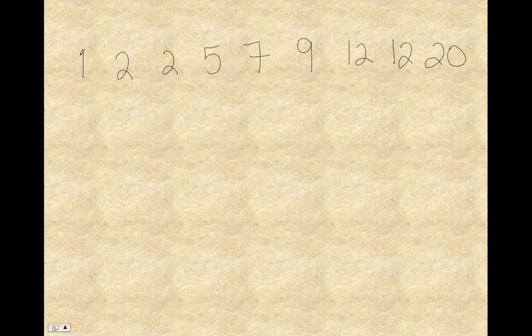So right now I have 1, 2, 3, 4, 5, 6, 7, 8, 9 observations. So the middle one is going to be, let's see, 9 plus 1 is 10. 10 divided by 2 is 5. The 5th observation, 1, 2, 3, 4, 5. 7 is the median.